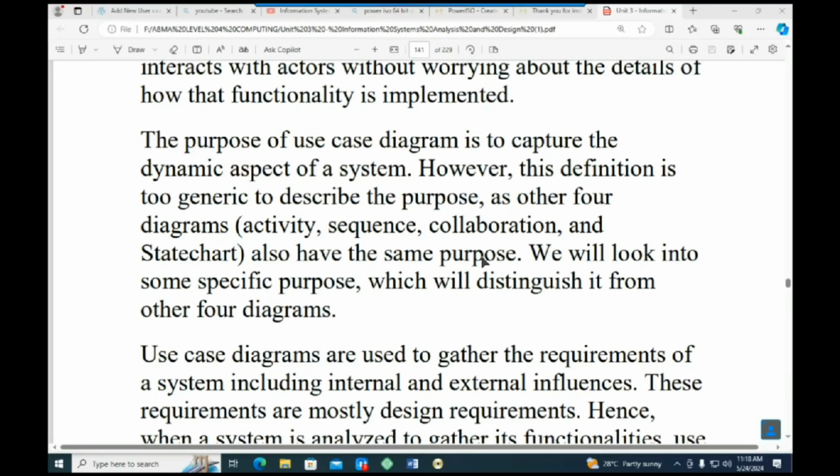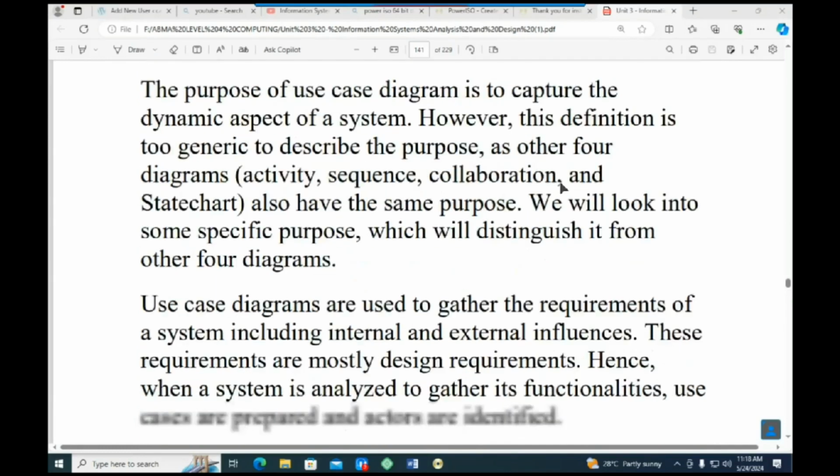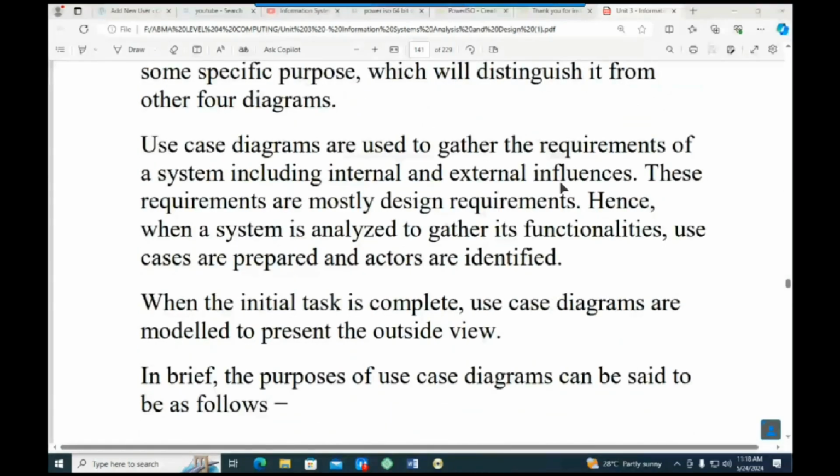But we have also other 4 diagrams that we will learn much later that are going to work in collaboration with that. But this one is going to show us the functionality of the system. So it is going to show us the dynamic aspect of that particular system. Use case diagrams are normally used to gather the requirements of that system.